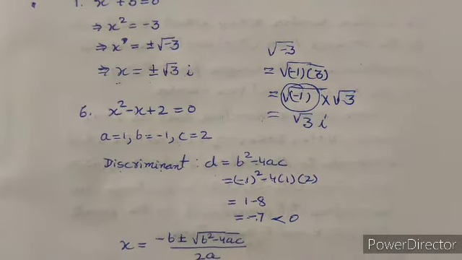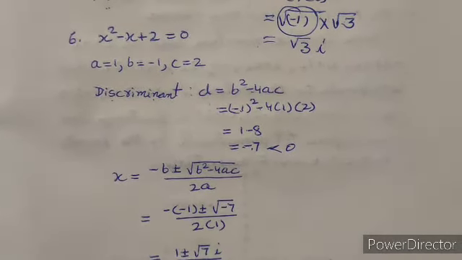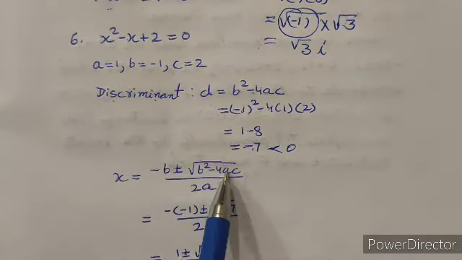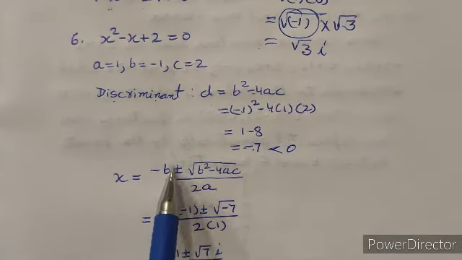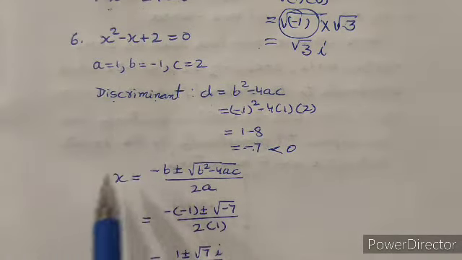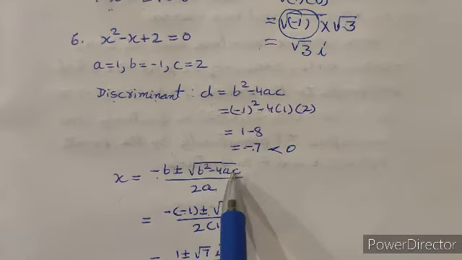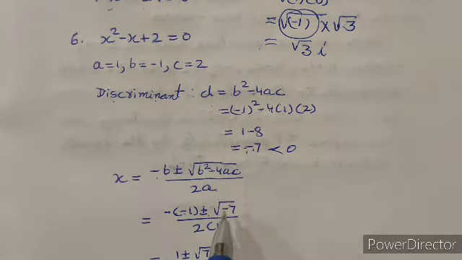Now the value of x by the quadratic formula is given by minus b plus minus under root b square minus 4ac upon 2a. Here b was equal to minus 1, so minus b will be equal to 1, and b square minus 4ac, that is the discriminant, was equal to minus 7.